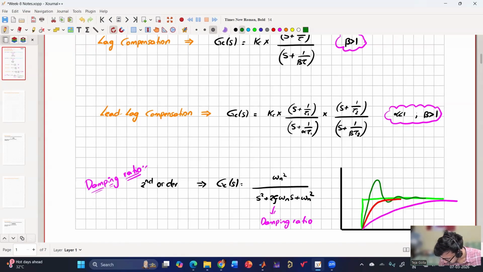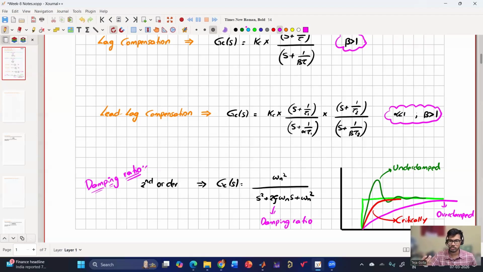The first case is called underdamped, the red color is called critically damped, and the pink one is called overdamped. So based on this zeta, the response will vary.